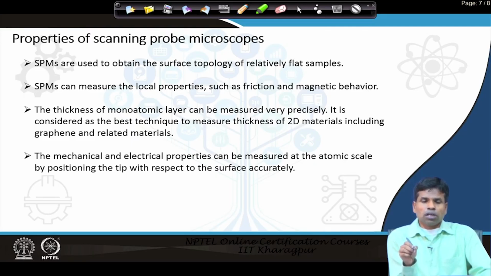Therefore, we cannot do very rough samples, and the reason these physical probes cannot move very fast up and down is that the piezoelectric sensors that we use have their limitations.